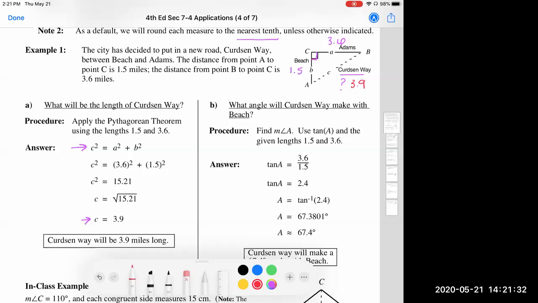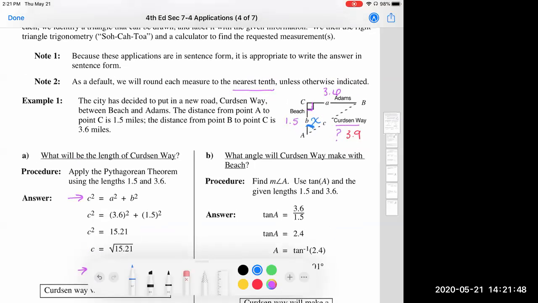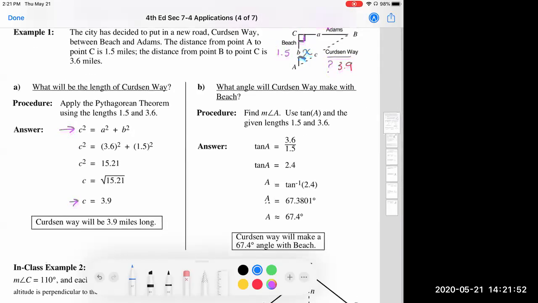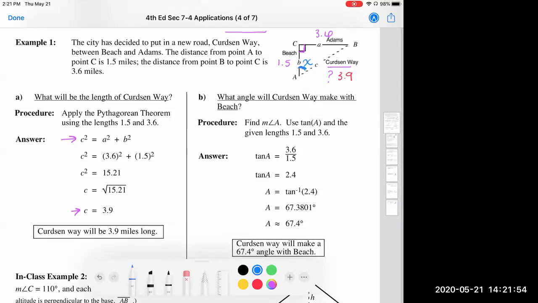Now B, what angle will Curzon Way make with Beach? This is the next part it wants. This is the angle that Curzon Way makes with Beach. Well, we can use our triangle trigonometry as your book states. Now we can use whatever we like, but keep in mind that we have that x as our perspective, our eye view.